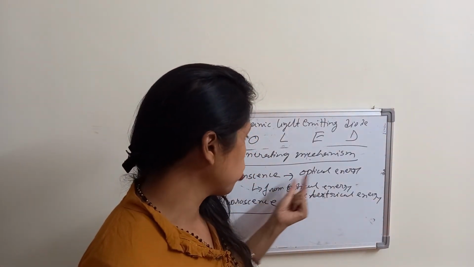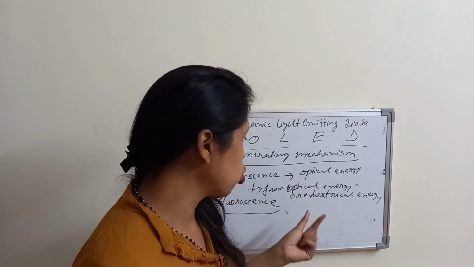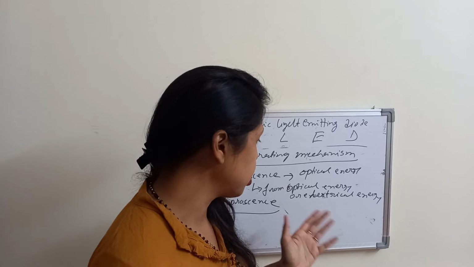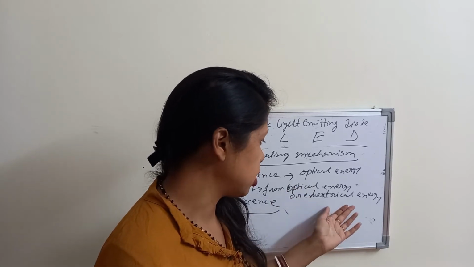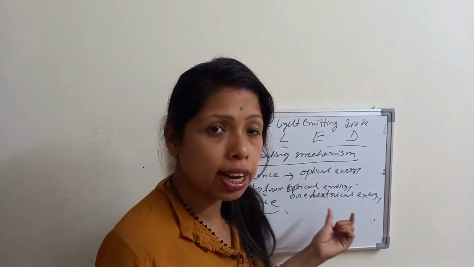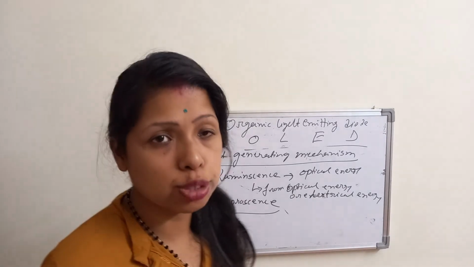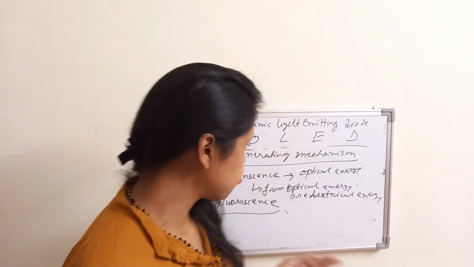So how can you get optical energy by using the luminescence mechanism? What are the inputs? Inputs are either optical energy or electrical energy. If we give optical energy, that means photoluminescence, which is further divided into the fluorescence and phosphorescent mechanisms.